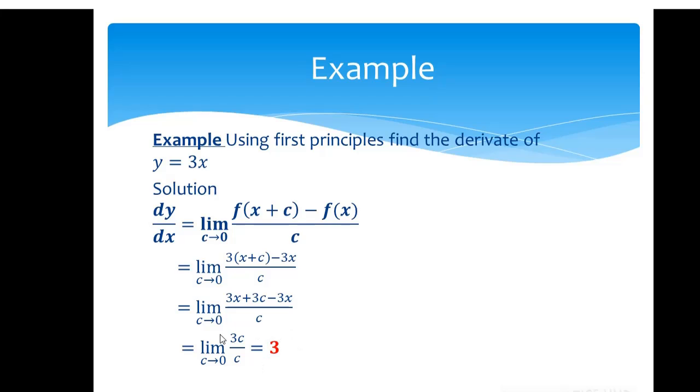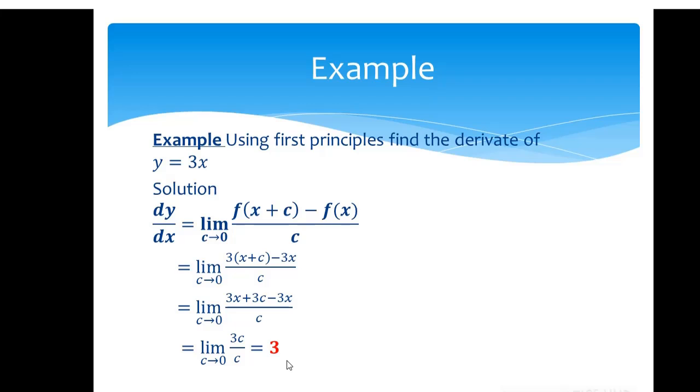We expand the brackets, we have 3x plus 3c minus 3x over c. You will see that 3x minus 3x will give us 0, and then we remain with 3c over c. The c's will cancel out, and then we are left with the limit as c goes to 0 of 3, and our answer is just 3.